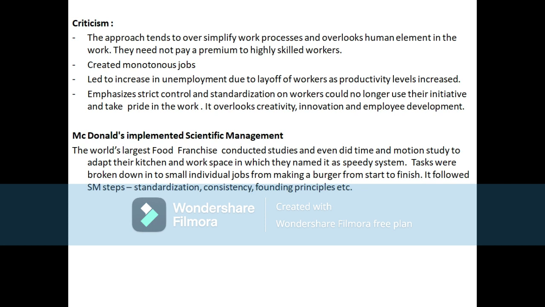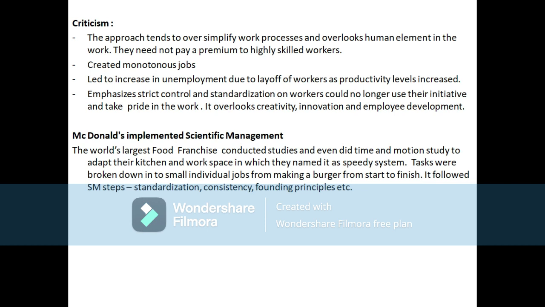The same they applied here, adapting their kitchen and workspace, which they named the speedy system. So they applied it in the kitchen. As it is a food organization, the preparation of a burger starts from the mixing of dough to the frying of the burger also.